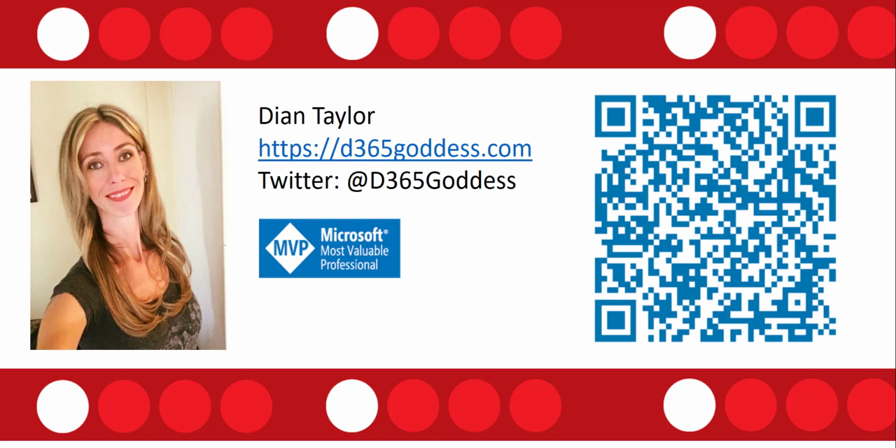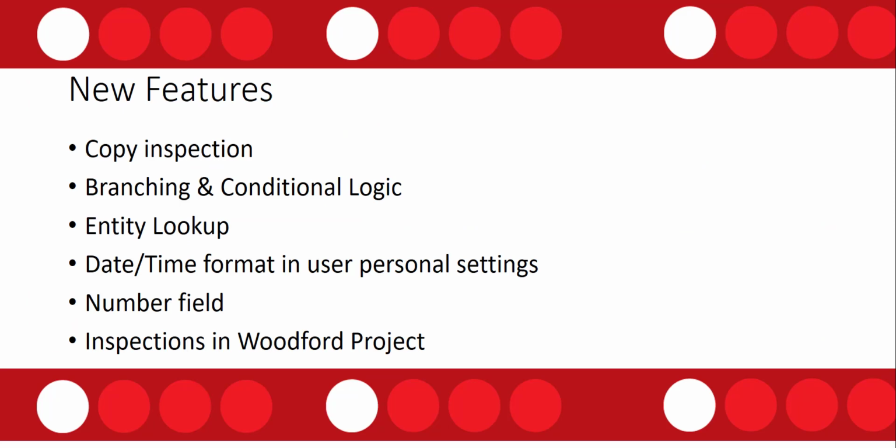Now, here are some of the things that I'm going to be discussing today, some of the new features. So we're going to be able now to actually copy an inspection, and this could be an inspection that's already published, already active. Then there's going to be branching and conditional logic, so we'll touch on that as well.